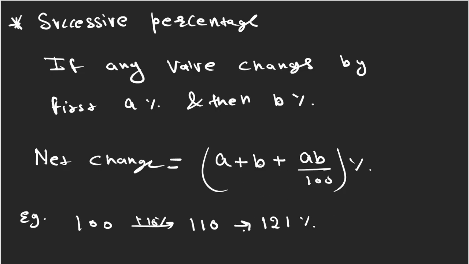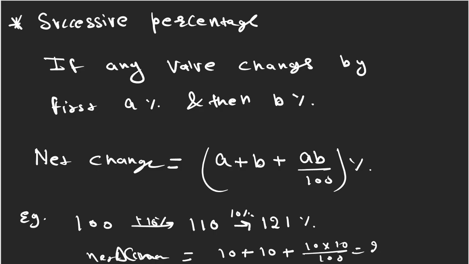So using this formula, here it again increases by 10%, so the net change will be 10 plus 10 plus 10 into 10 divided by 100, which will be 21%. So we are verifying this equation.